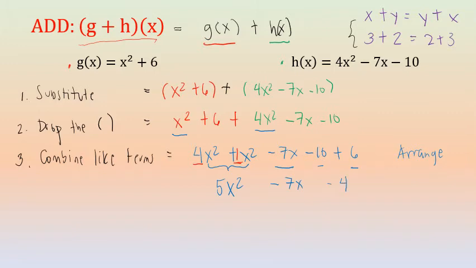Yan. So, ito na yung answer natin, meron pa ba tayong pwedeng i-combine na like terms dito? Wala na po. Therefore, our final answer will be 5x squared minus 7x minus 4. This is now your final answer.